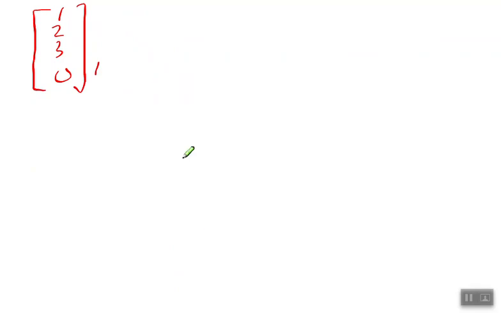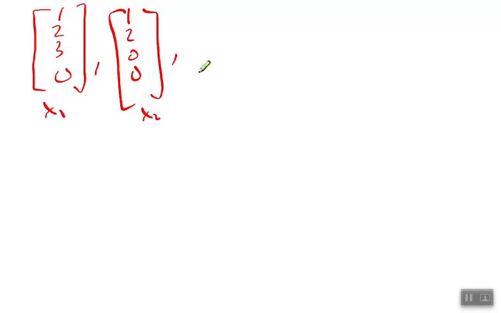I was giving you the final answer. Then the third, so this is x1, x2, and x3 is 1, 0, 0, 1. Okay, so these are not orthogonal.